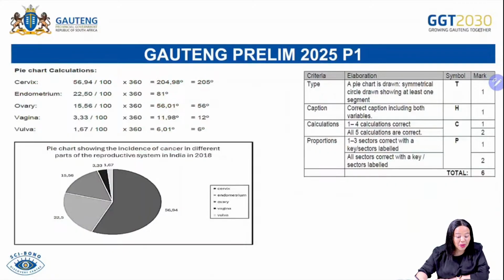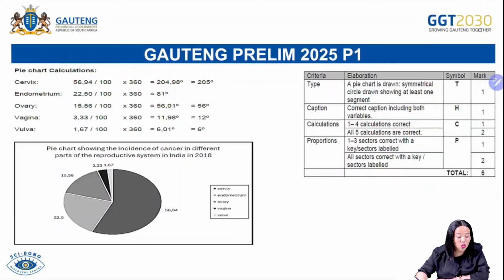And also remember, previously you were provided with the percentages. Before you can draw a pie chart, you need to convert the percentages into what? Into degrees. And we know that 360 degrees is a revolution in terms of a pie chart. So you need to convert the percentage.